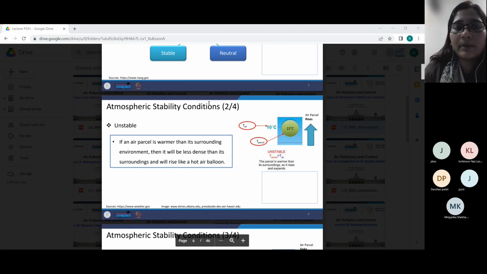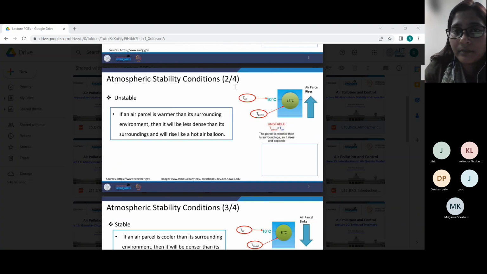Like, for example, your unstable condition. Is the screen visible, right? Okay. So here your air parcel is at 15 degrees centigrade, and this is 10 degrees centigrade. This is the temperature of the ambient air, correct? So what will happen in this condition?